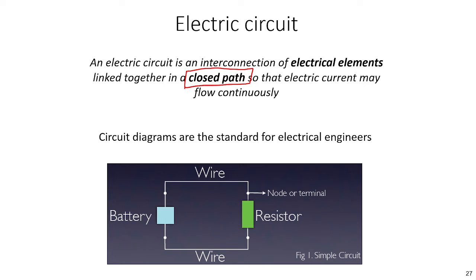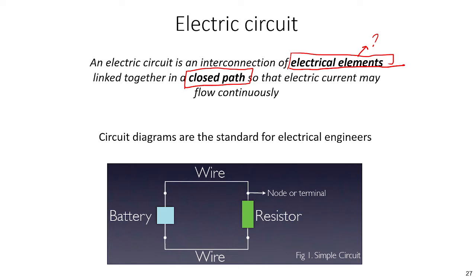An electric circuit is an interconnection of electrical elements. What is an electrical element? We have so many types of elements. Some are sources, some consume power, some dissipate power, some store power. Many elements linked together in a closed path we call an electric circuit.